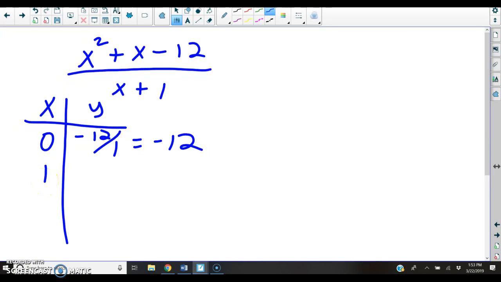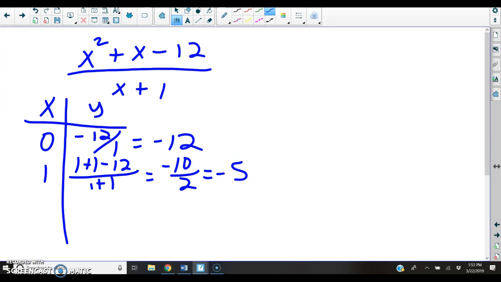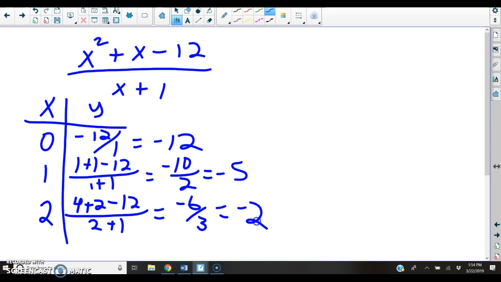Let's try 1. That becomes 1 plus 1 minus 12 over 1 plus 1, so we get -10 over 2, which is -5. Let's do 2. That would be 4 plus 2 minus 12, and the denominator would be 2 plus 1, so we get -6 over 3, which is -2.